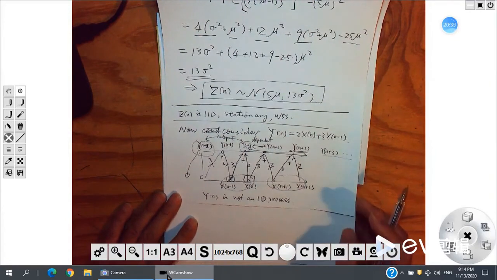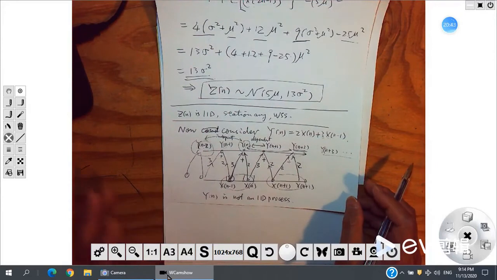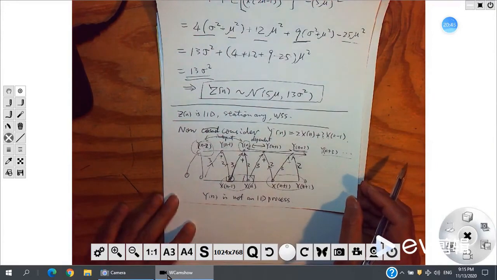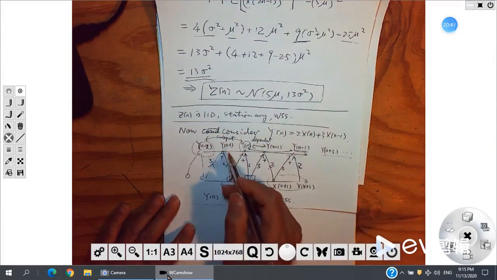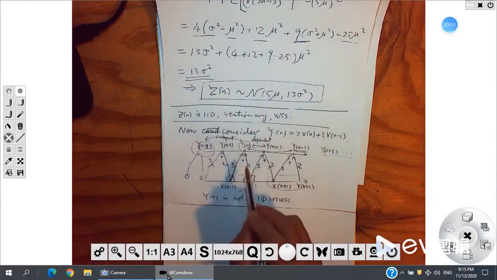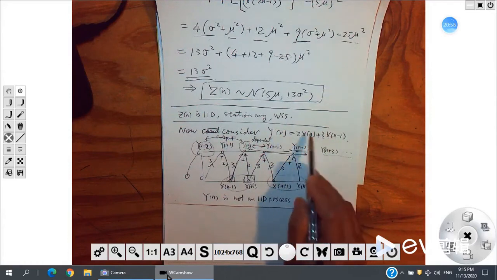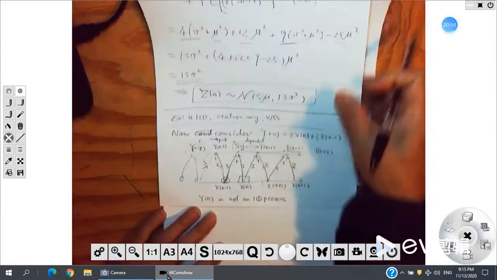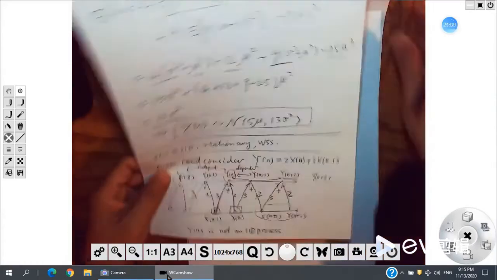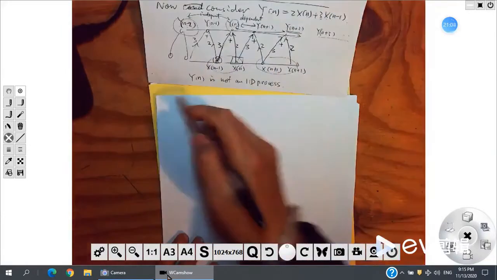And is it identically distributed? Do we have the same distribution? I will say yes. Actually, we can calculate it in a similar way as Z. Each Y of n is a summation of these two, so we know Y of n is Gaussian. Let me write it.